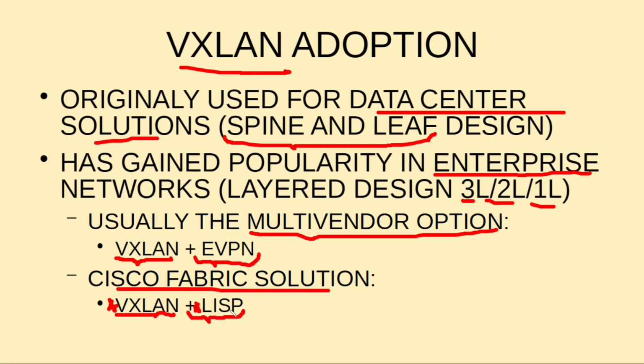Notice that VXLAN cannot work alone because VXLAN is only aimed to move traffic through tunnels. So it is actually a data plane protocol. So it needs a control plane protocol in order to work.